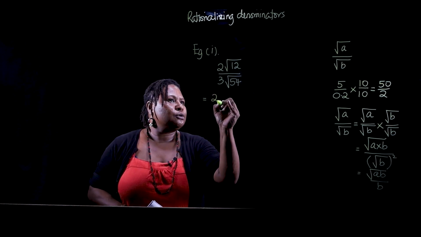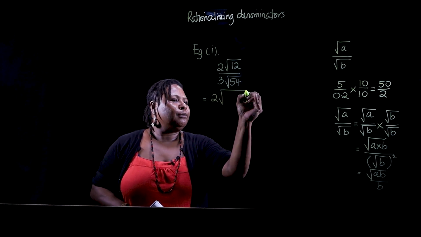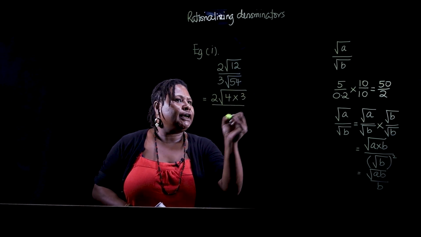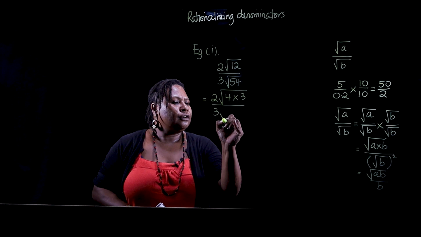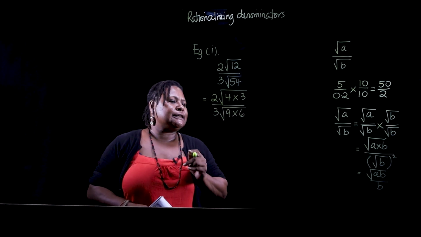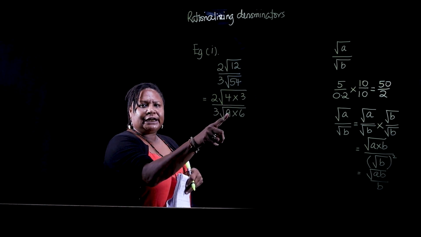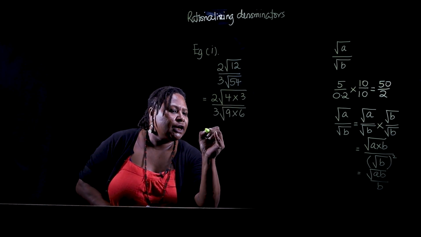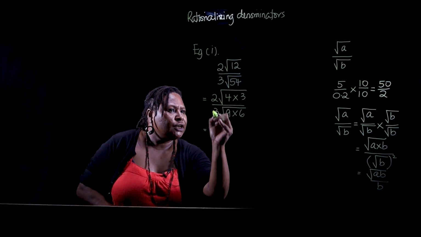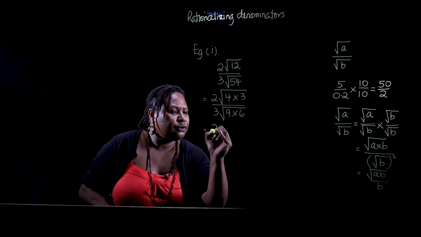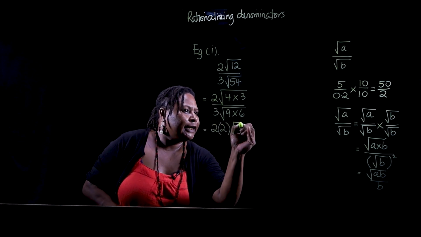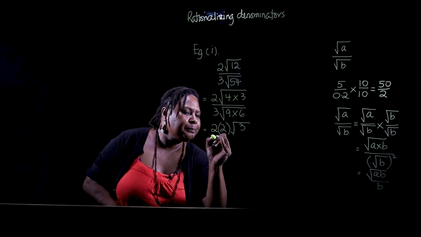Remember, one of the factors you use must be a perfect square. So 2 multiplied by root of 4 times 3, divided by 3 times square root of 9 times 6. Here 4 and 9 are perfect squares. We are going to remove the square root of these two numbers. Square root of 4 is 2, so it's multiplied by the coefficient of 2 and then multiplied by root 3.